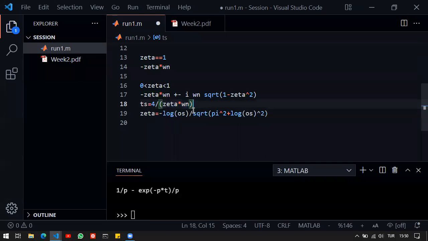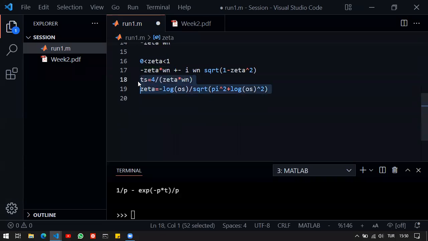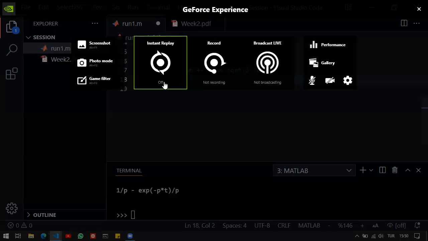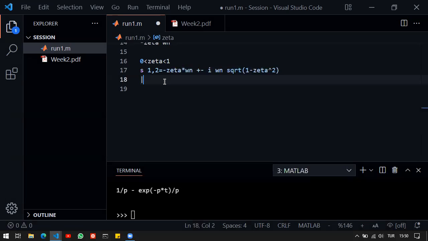So now, it's also important to note that other than these formulas, since this is S1 and 2 is equal to this, it is also important to look at certain properties of the solution.